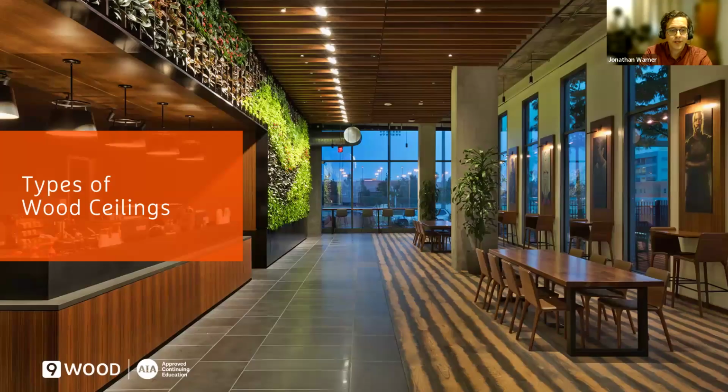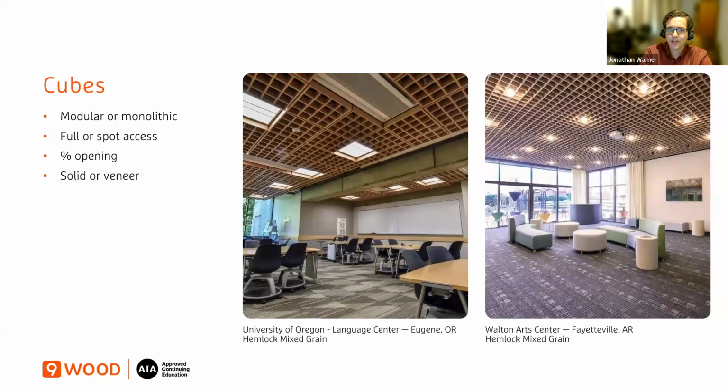Types of wood ceilings. I don't know if anyone has any questions. So I'll go through some of the different aesthetics here. Cubes can be modular or monolithic, as you see here in the photos. They can be full or spot access. Some of them are accessible by their very nature, or you can build in spot access.